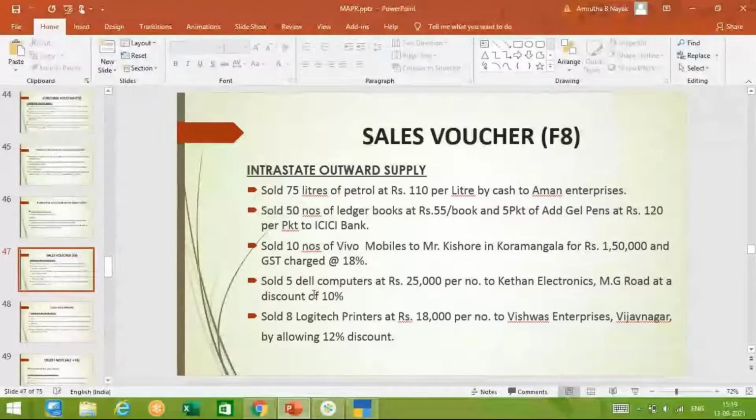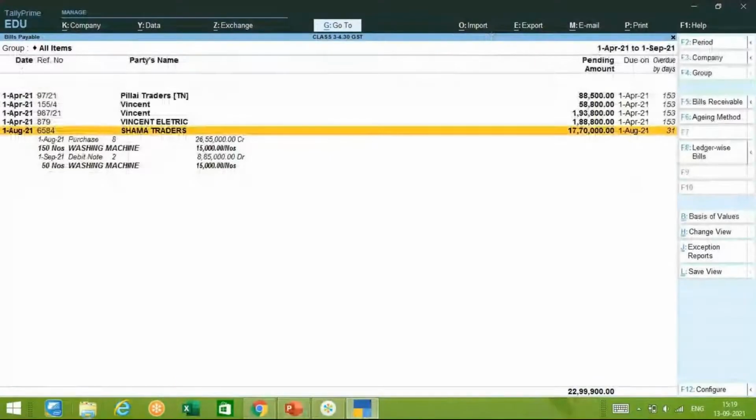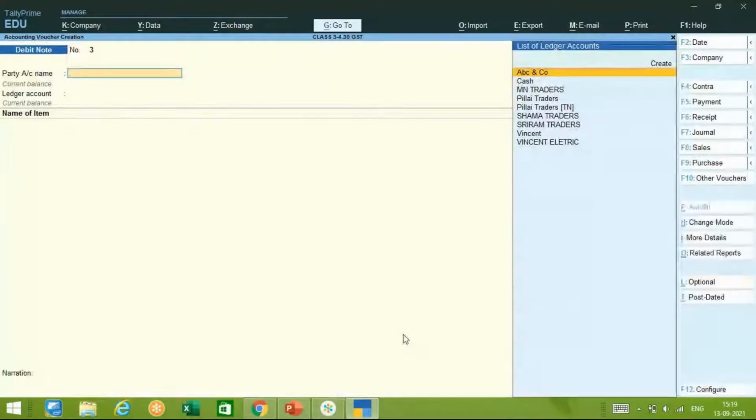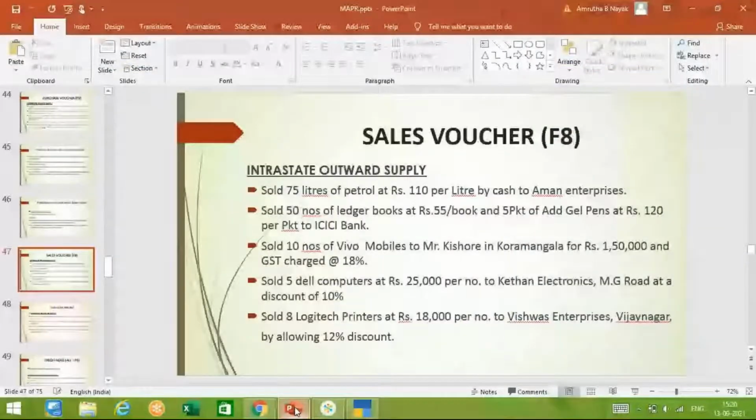Okay, we'll do the first one under exempted goods. Go to the vouchers. What does the question say? It says sold 75 liters of petrol at rupees 110 per liter by cash to Aman Enterprises.